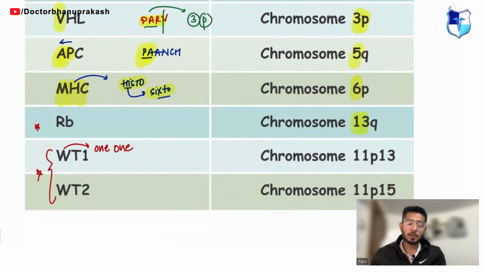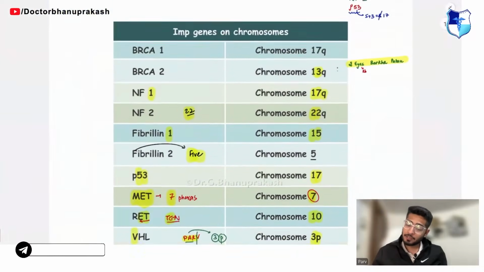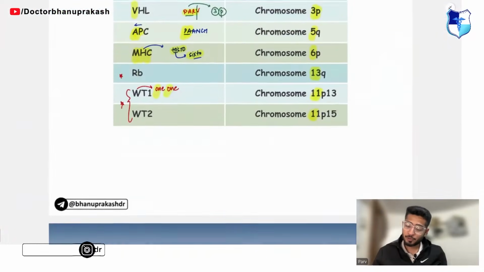RB, I have told you, is 13: Barkha ki 2 aankhein ko Patau, 13, everything 13. Then WT: WW is something you have to remember, 11, WT1 is 11. So this is all of the important genes on different chromosomes.